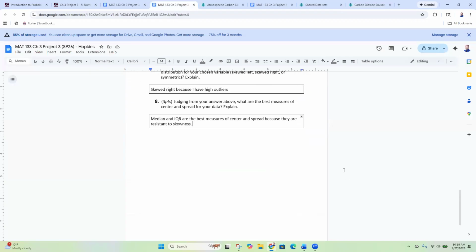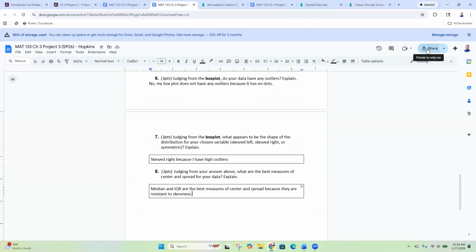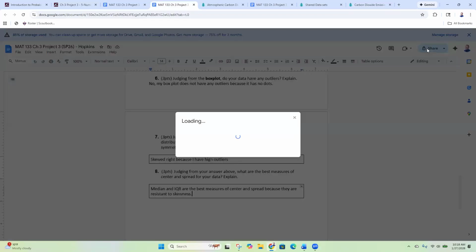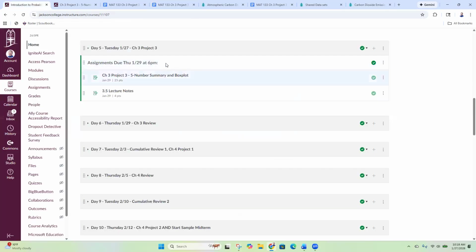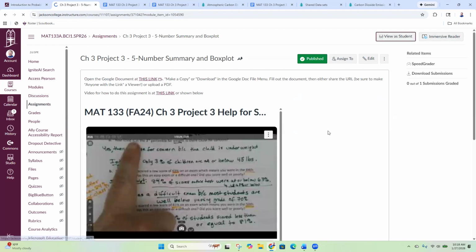And I think that's it. So let's go ahead and click share in the upper right. Change our restriction to anyone with the link. Copy the link. Let's put it in Canvas. All right, so gotta be in the student view.